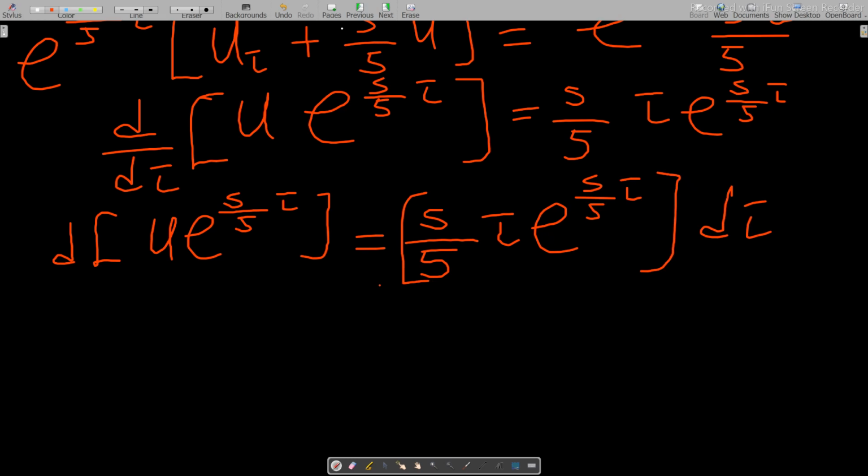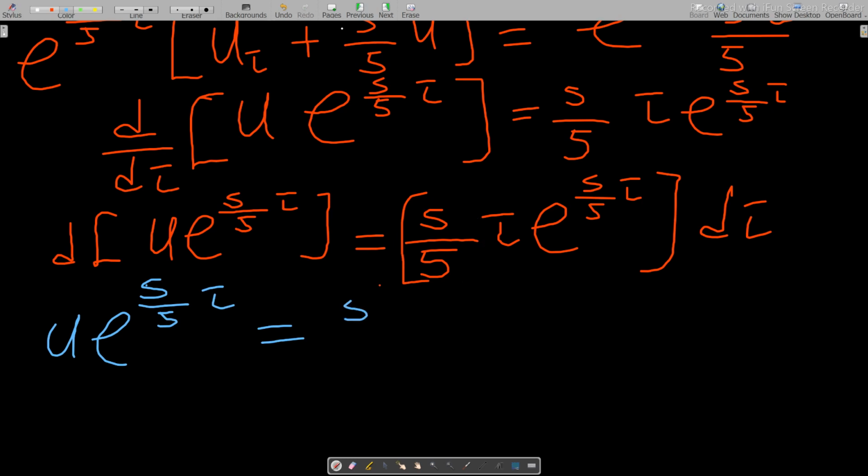Okay, you're integrating the left side with respect to u e to the s over 5 tau, integrating this with respect to tau. So when you integrate the left side, you get the same u e to the power s over 5 tau should be equal to s over 5, here, this one is a constant.